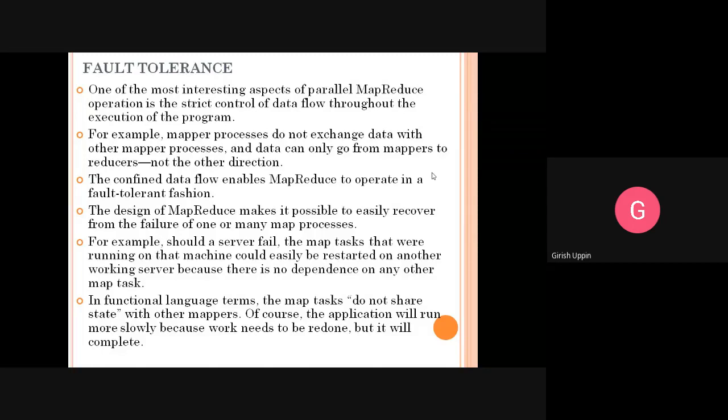As I said, it will add to the processing time. In functional language terms, the map tasks do not share state with other mappers. Of course, the application will run more slowly because work needs to be redone, but it will complete.